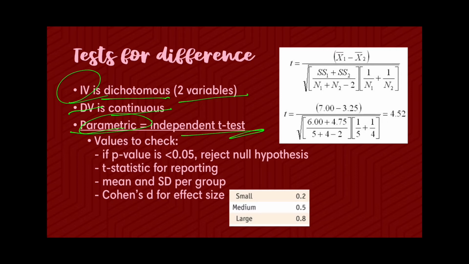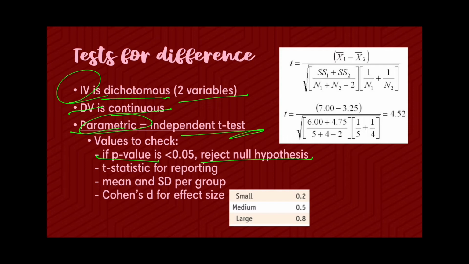So, what are the different values that you need to check in your statistical output when you do your t-test? You have to check first, again, if the p-value is less than 0.05. If the value is less than 0.05, as we have discussed in our previous discussion, that's the time we reject the null hypothesis. So that's the first thing that you check.